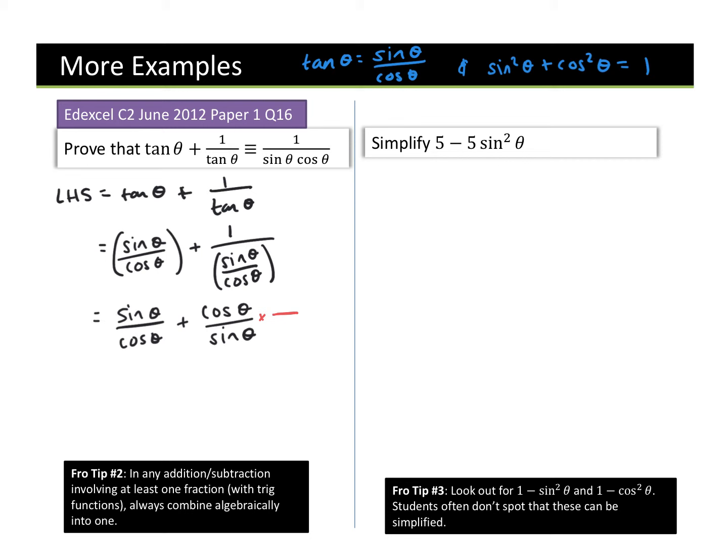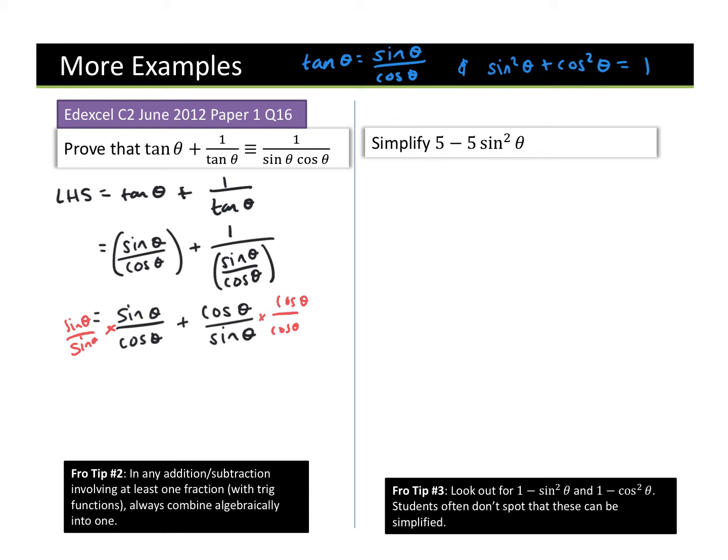I'm going to multiply this side by cos theta and this side by sine. Because remember, cos over cos is essentially multiplying it by 1, so we're not changing the actual value. Anything multiplied by 1 is still the value. It's really important that we understand that.